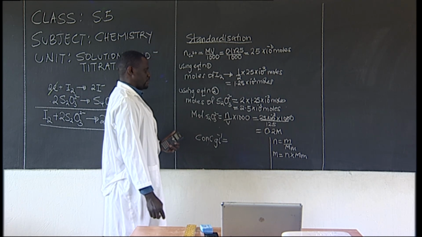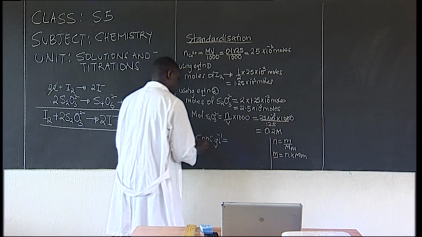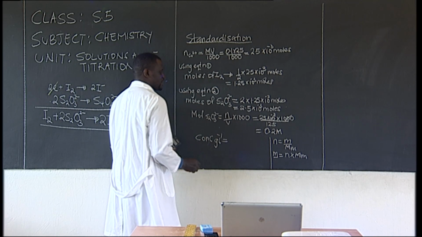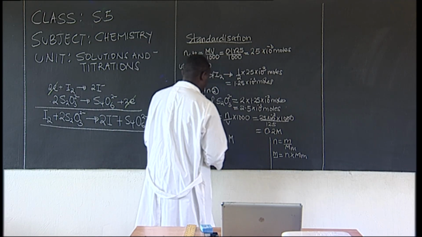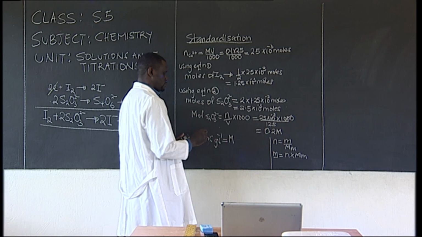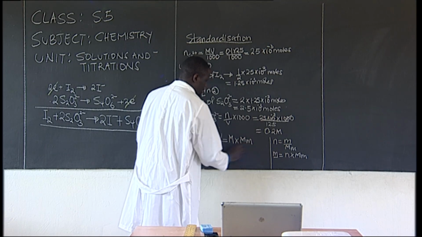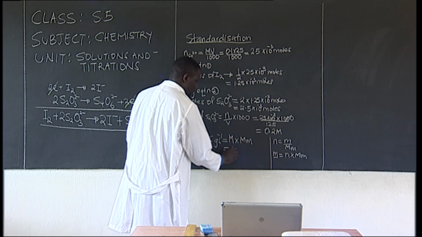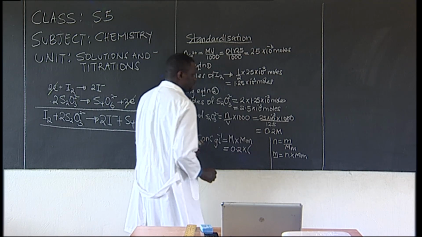So you recognize that now we want mass in 1 liter, which is concentration in grams per liter. Then we have moles in 1 liter, which is molarity. So concentration in grams per liter, which is mass in 1,000 centimeters cubed, times molar mass. So we shall have 0.2 times the molar mass of sodium thiosulfate.